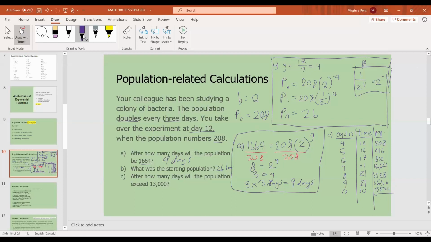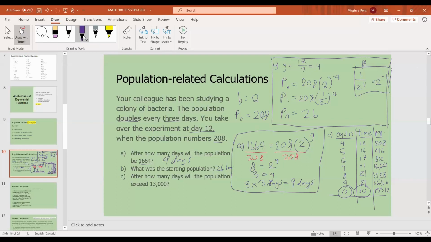And at this point, we stop because we've reached more than 13,000. Oops, I think I added an extra 3 somewhere in there. Let me rewrite that. So we stop here. 13,312. We've now exceeded 13,000, and it's been 10 cycles, 30 days.